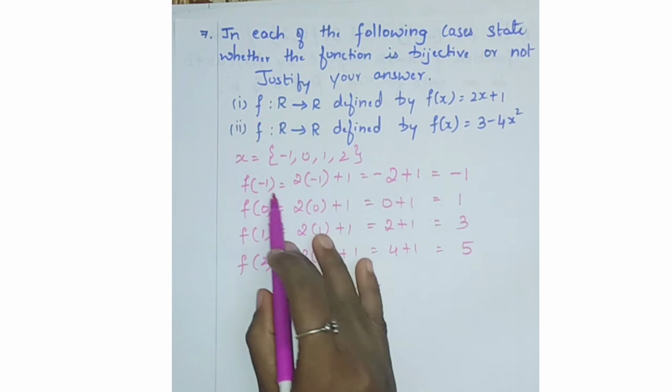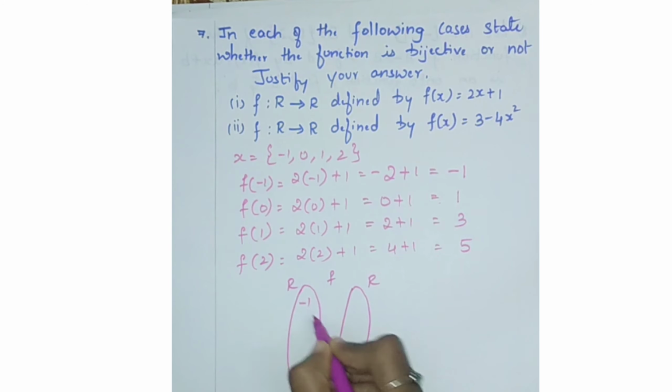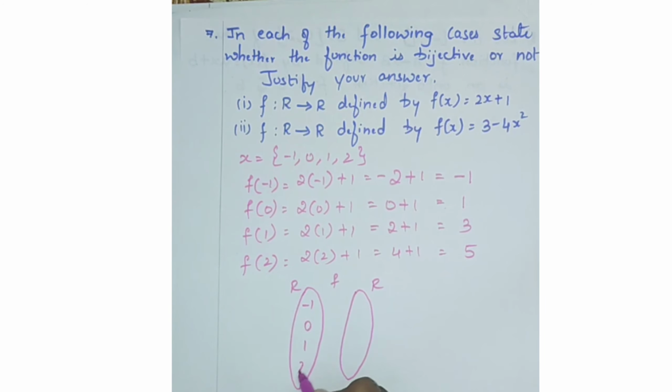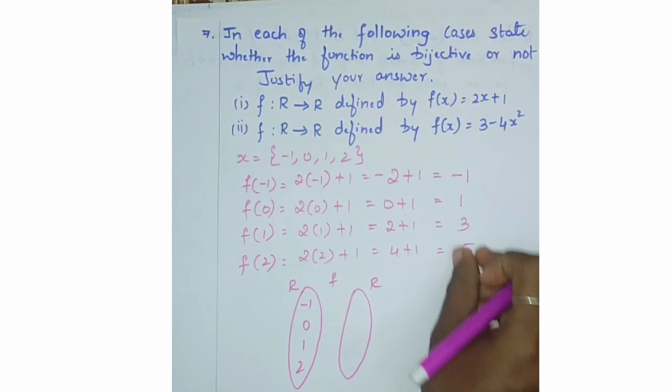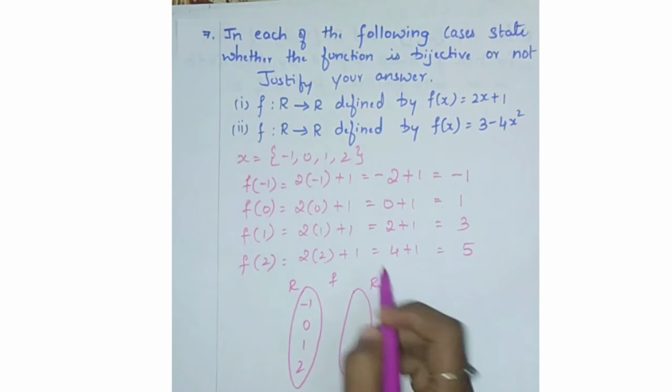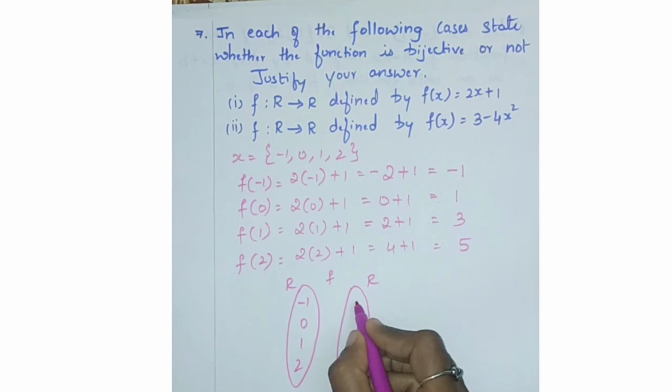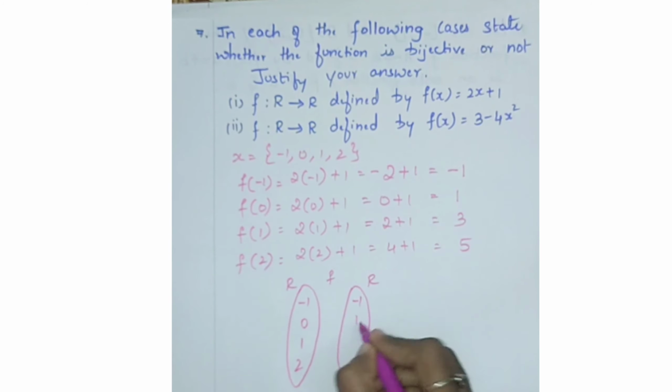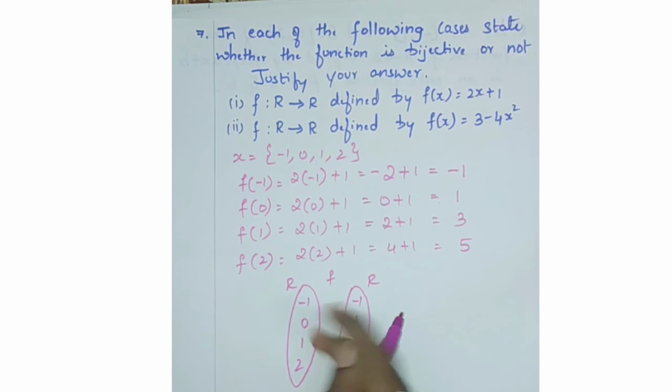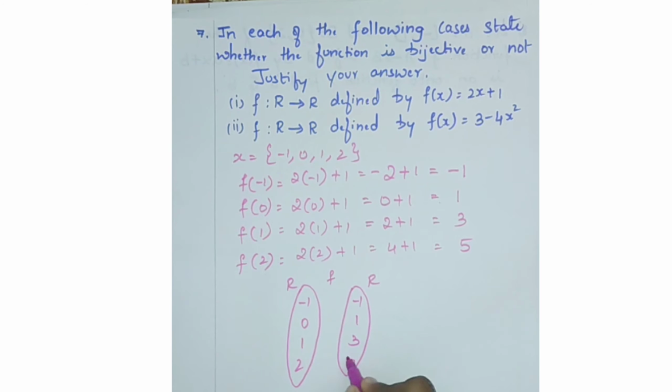Now we'll take all these x values, minus 1, 0, 1, 2. Now what are the codomain values which have been formed? For minus 1 it is minus 1, for 0 it is 1, for 1 it is 3, and for 2 it is 5. So directly you map it.